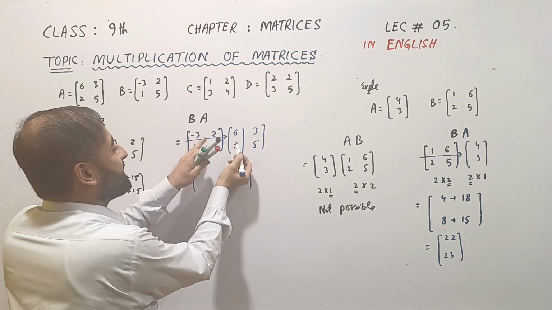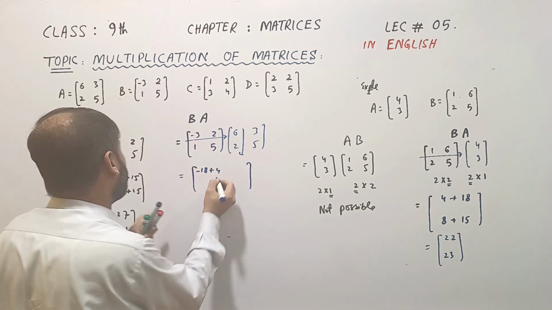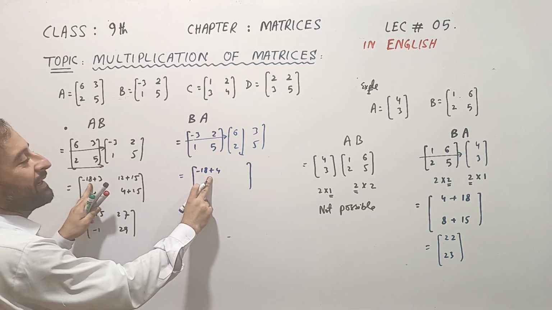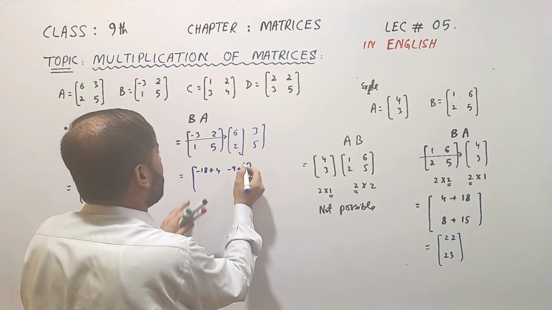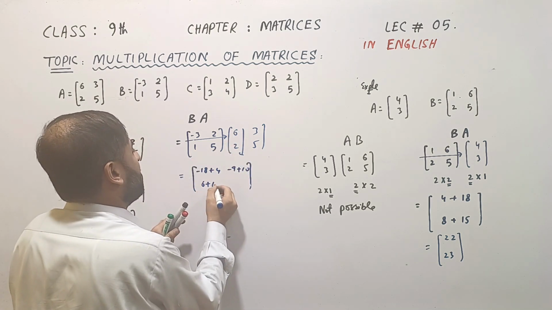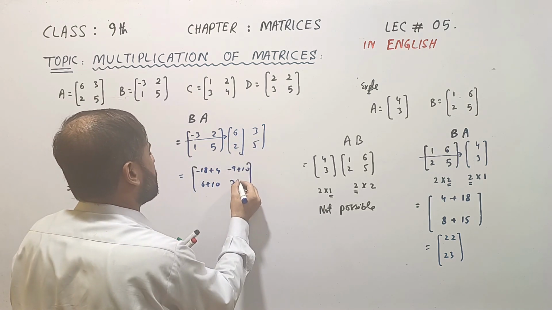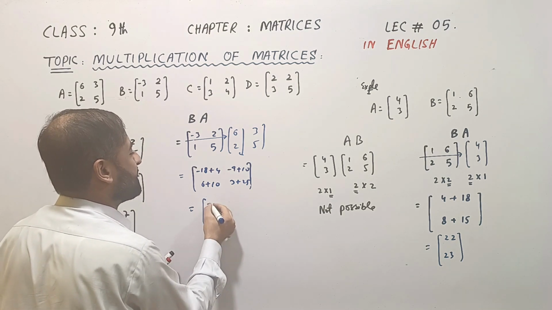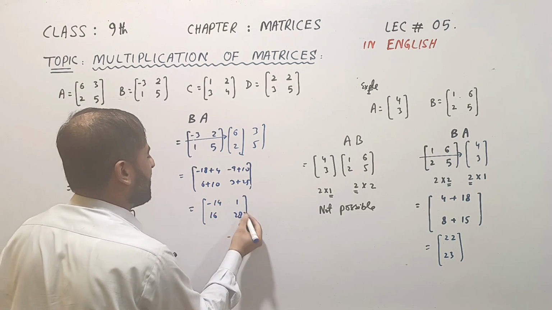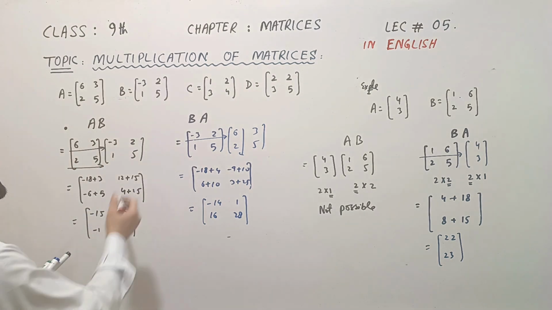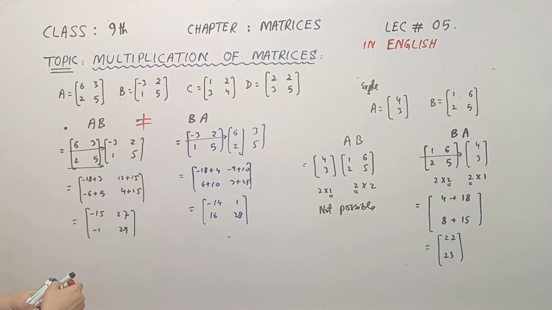First row, first column, minus 18 plus 4. You can clearly see, minus 18 plus 4. Now these two, minus 9 plus 10, 6 plus 10, 3 plus 25. You get this matrix, minus 14, 1, 16 and 28. So they are clearly not equal. AB and BA are not equal.